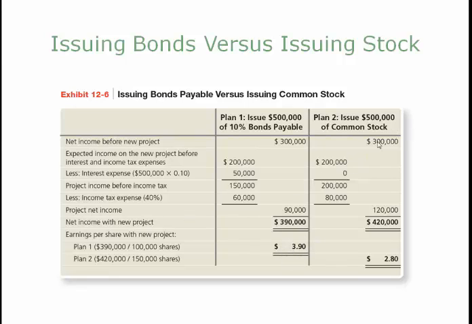The second one has a couple of things that are different. You issue stock, you pay no interest, the amount of taxes goes up, and this is just for a special project. It says that you made $120,000, or $420,000 total, but now you're dividing that by 150,000 shares.